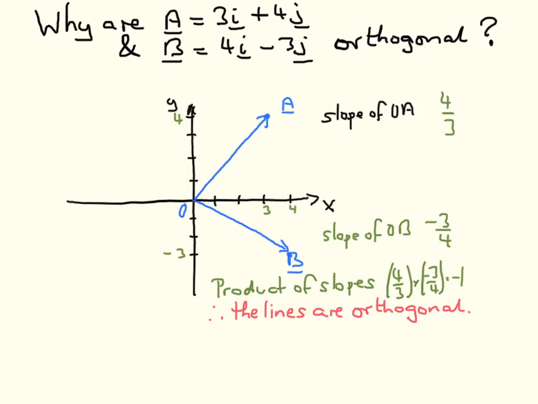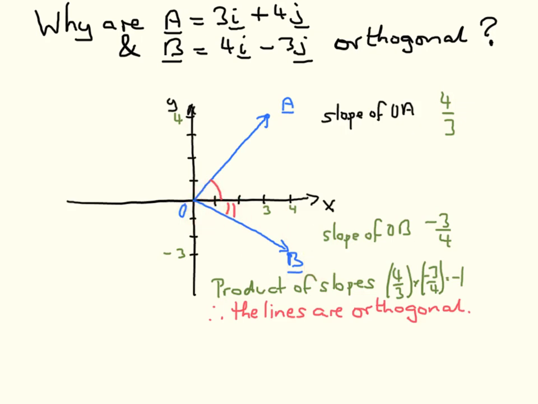A completely different way to approach doing this would be to calculate this angle, which you can do because you have got A in component form, and also to calculate this angle, which you can do because you have B in component form.